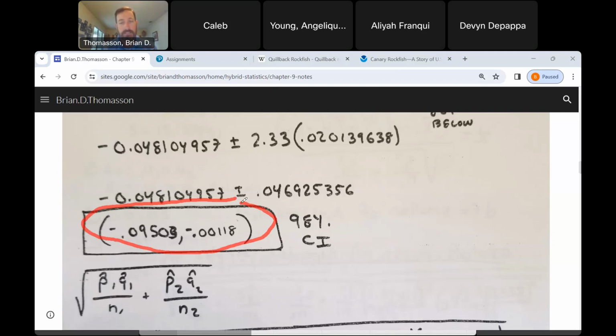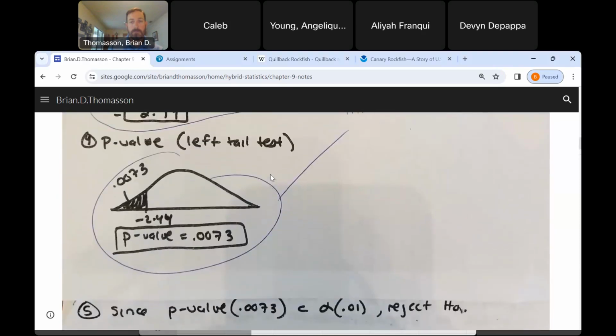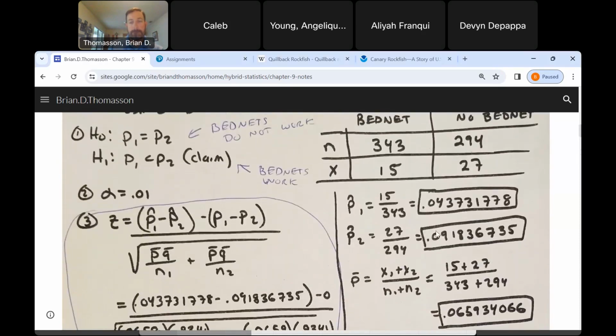Does that make sense? The only thing I'm confused about is that the original one, P2, being like 9.18% up above, which I get is like, hey, if you don't use the bed net, 9.18% right there, right. P2. Right. And then we go down, and you're saying that the confidence interval can reduce it by these two numbers, being 9.5 or pretty much nothing.